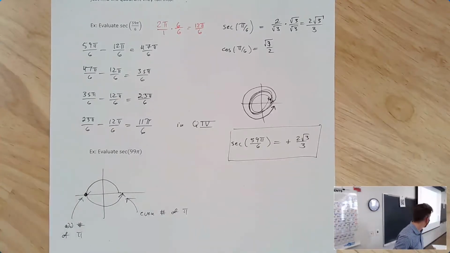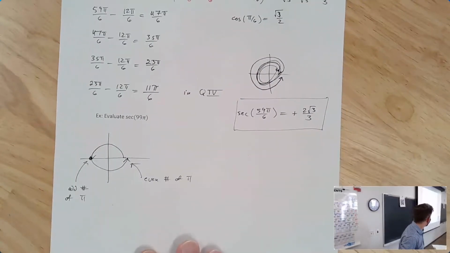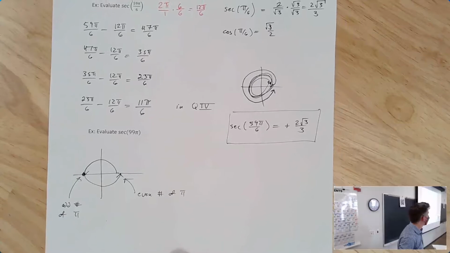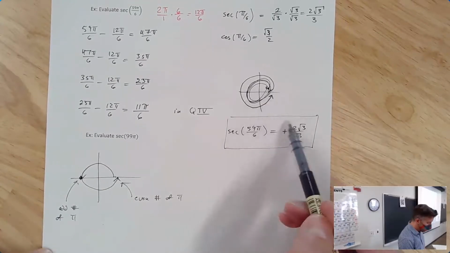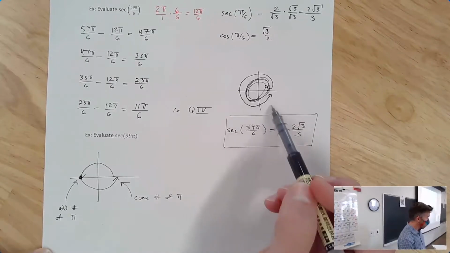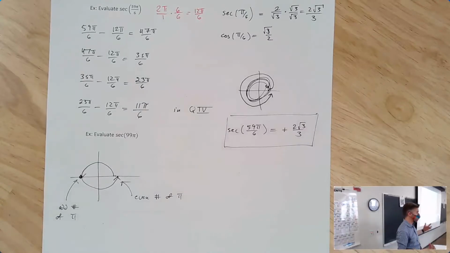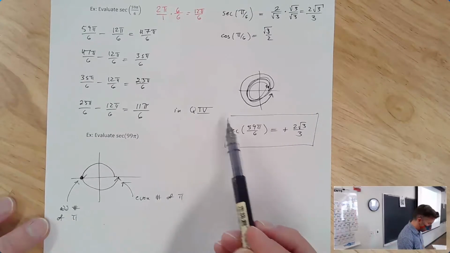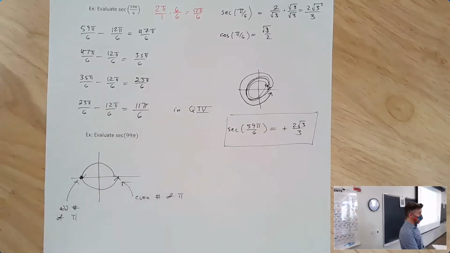Erica: So was the first one even because the reference angle was pi over 6? Well, when you say even, this one was positive because we ended up in a quadrant, right? This angle was in quadrant 4, and it wasn't a whole amount of pi at all. This was some fractional amount of pi, 59 pi over 6, that was almost 60 pi over 6, which is 10 pi, which is 5 full revolutions.